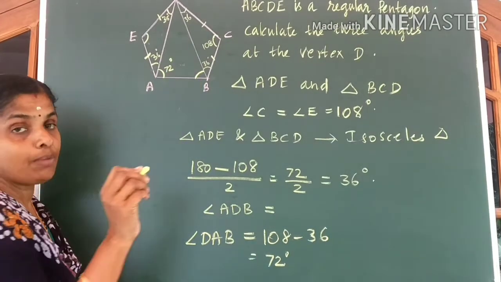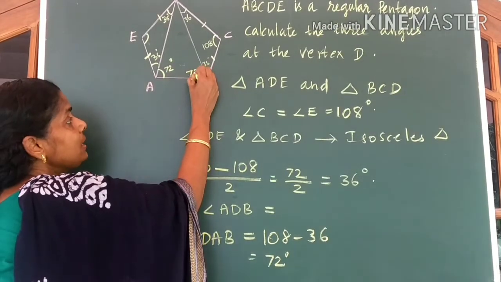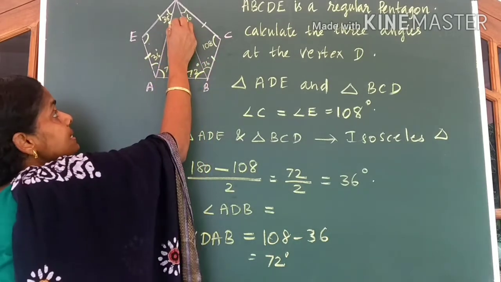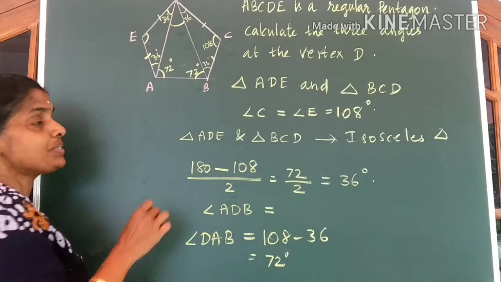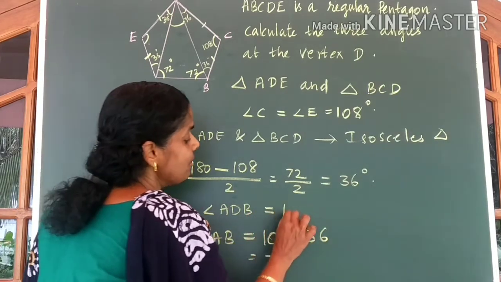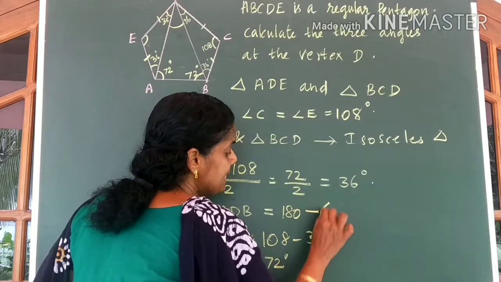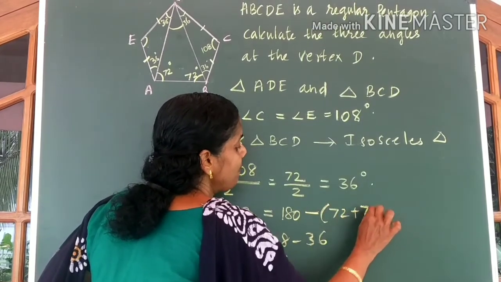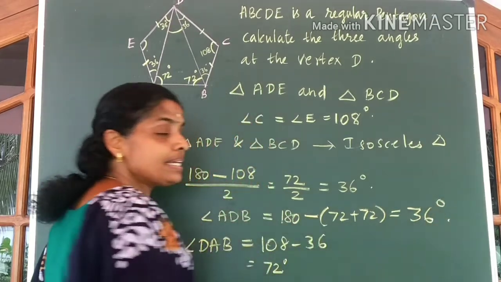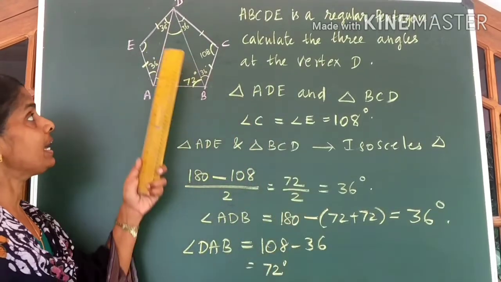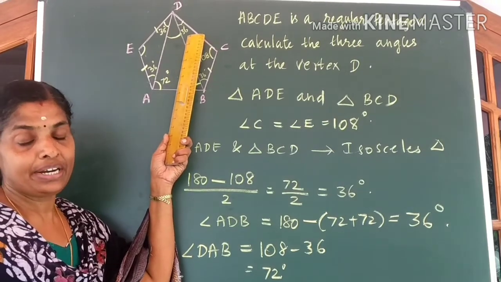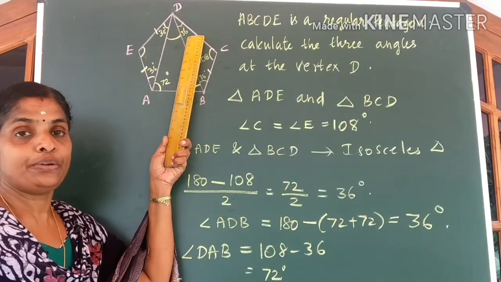In the same way, you get this angle to be also equal to 72. Therefore, what is the remaining angle of this triangle? Angle ADB will be 180 minus of 72 plus 72, which also gives you 36 degree. So we can say each of the angles formed at the vertex D to be equal to 36 degree.